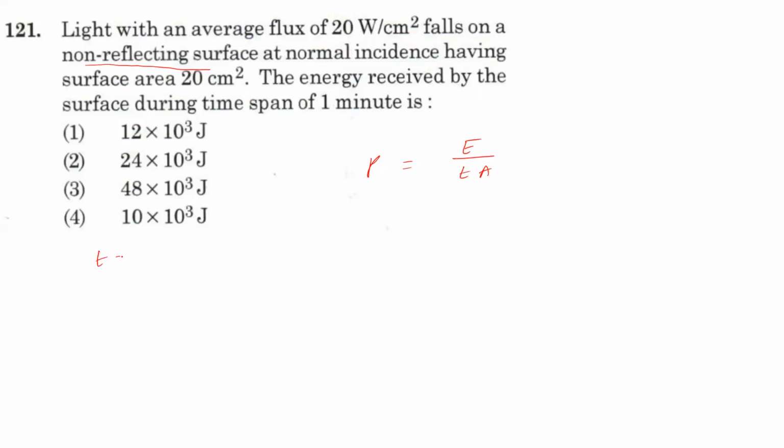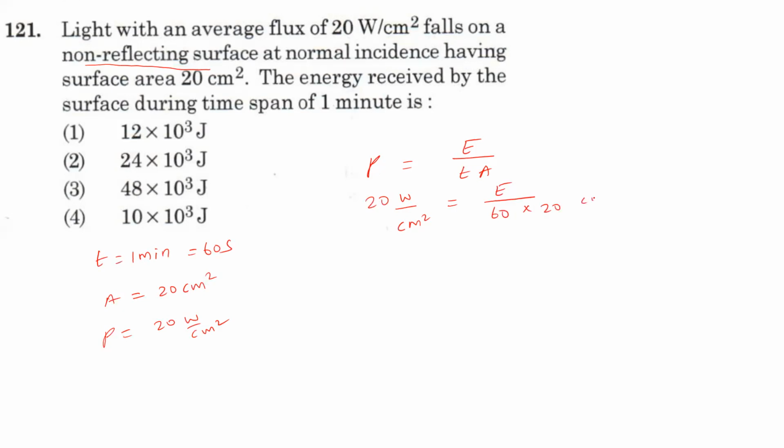Here the time given is 1 minute, which equals 60 seconds. And area given is 20 centimeter square. Power is given as 20 watt per centimeter square. So by substituting, 20 watt per centimeter square is power, which is equal to energy by time, 60, by area, 20 centimeter square.